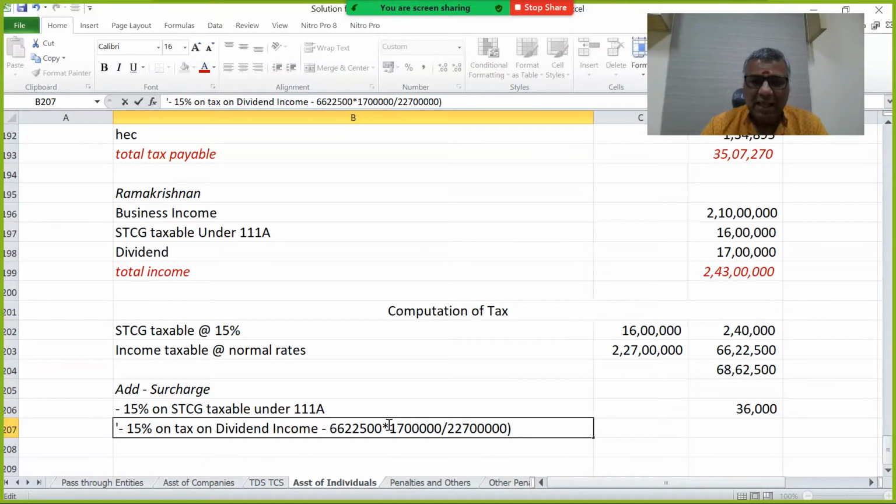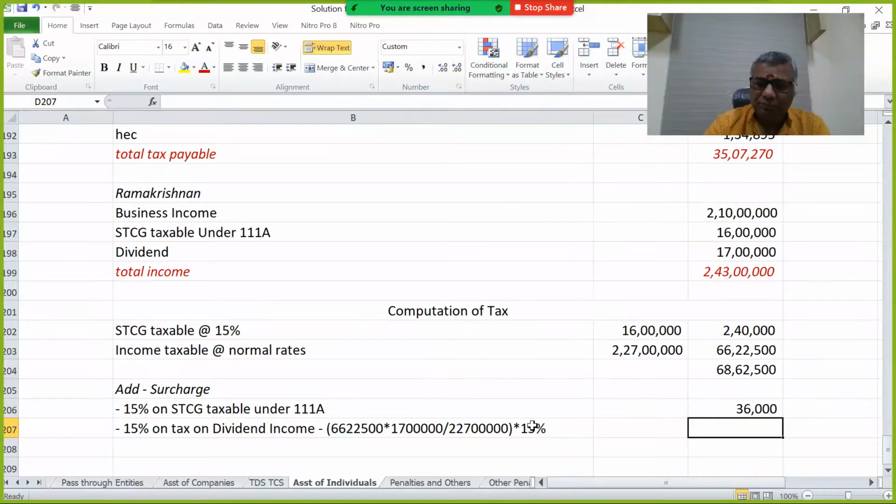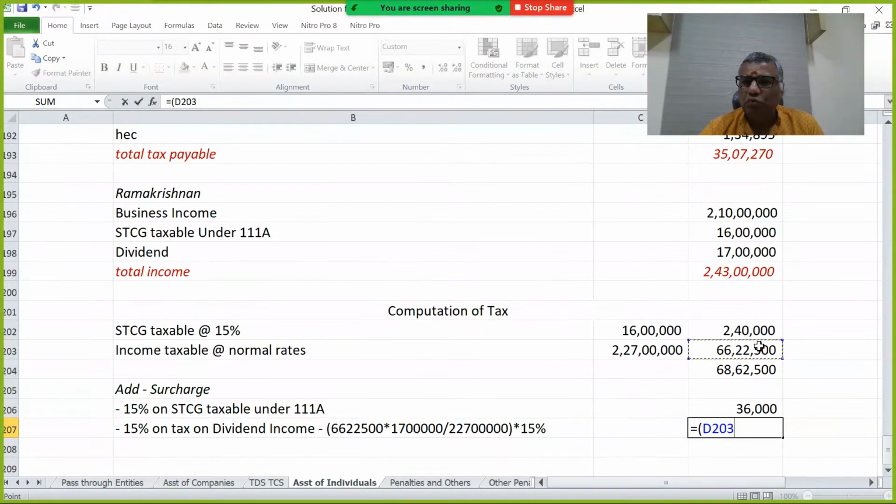That becomes the tax on dividend income, into 15%. My total tax is 66 lakh 22,500 for a total income of 2 crore 27 lakh.